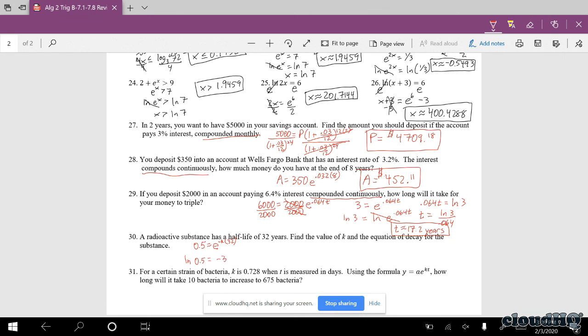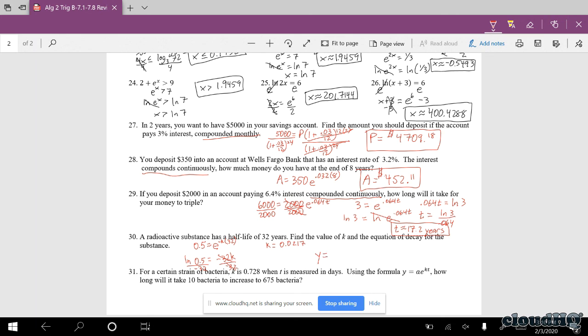So we're going to divide by the negative 32. Really, anytime you have a half-life problem, you can do the ln of 1/2 divided by negative however many years it was to get your K. And so we see that our K value is about 0.0217. And they say to write the equation for this substance.